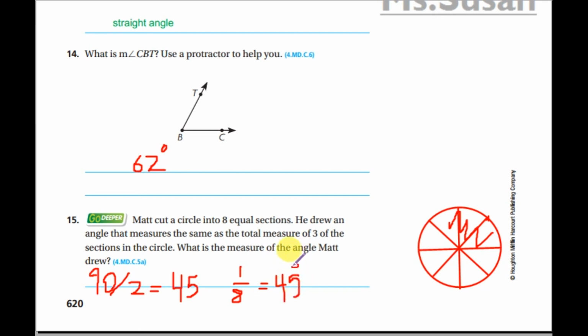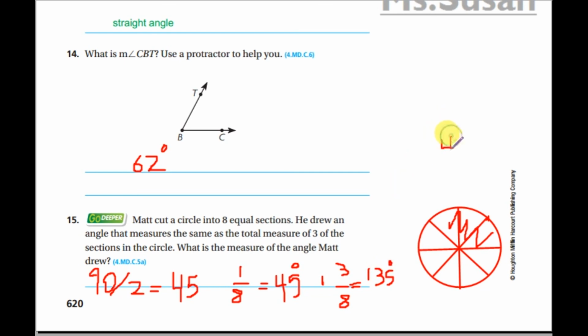So if I have 3/8, I multiply 45 by 3. If you multiply it, it will give you 135 degrees.